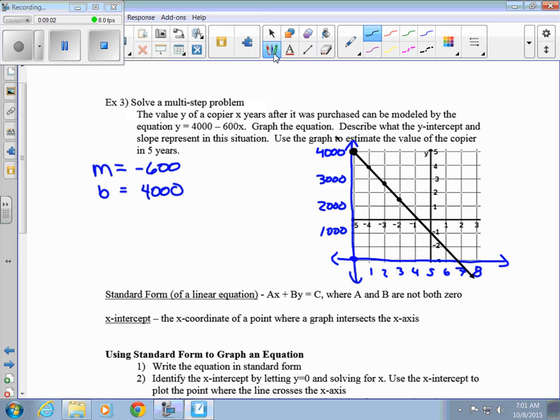And we're going to look at it there. So describe what the y-intercept and the slope represent in this situation, and then use a graph to estimate the value of the copier in 5 years. Well, the slope says -600. Remember, x is the number of years. So the slope is telling us how much this decreases.